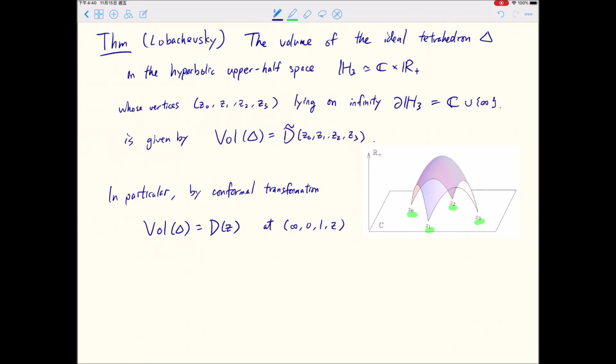So if you have a tetrahedron, you can apply a conformal transformation on the vertices, and it will become this simple function without the cross ratio. So all the cross ratios will cancel. And then the 6-fold symmetry that we have seen earlier will just be the same as renumbering the vertices.